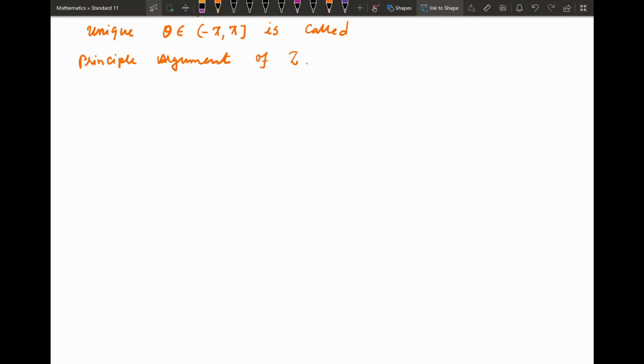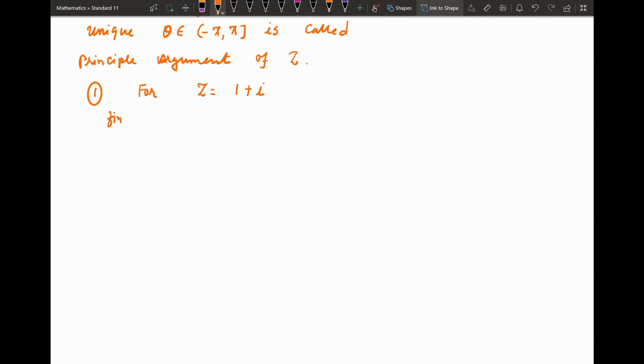So we take for illustration a first example: z equal to 1 plus i.